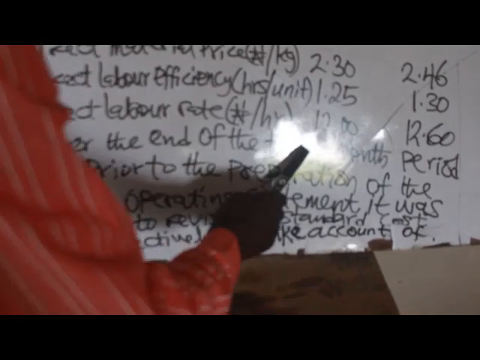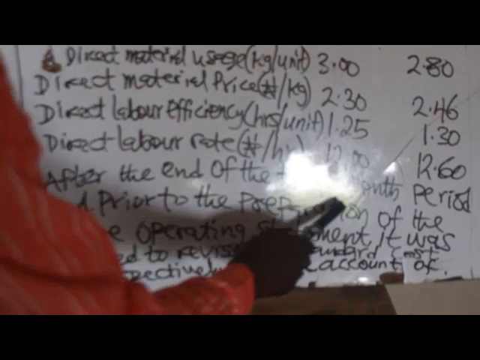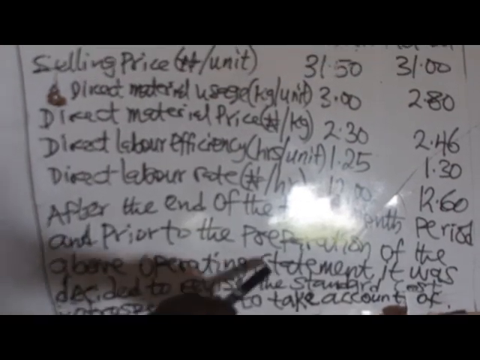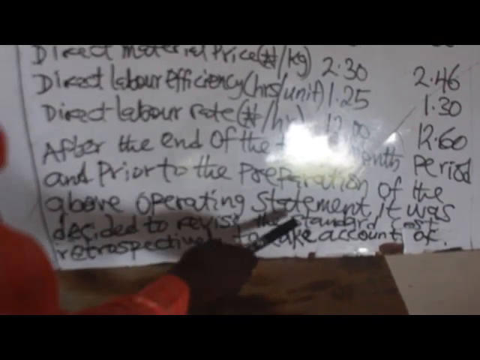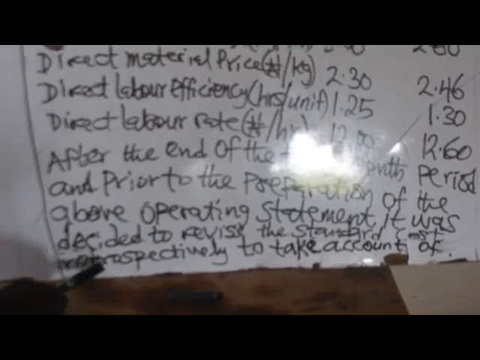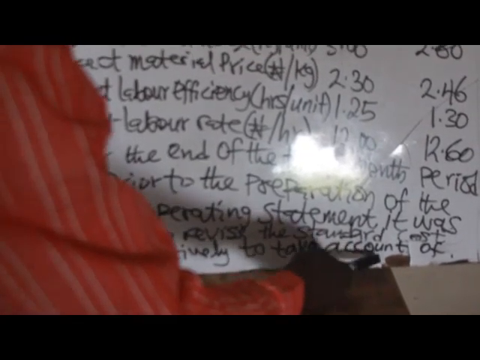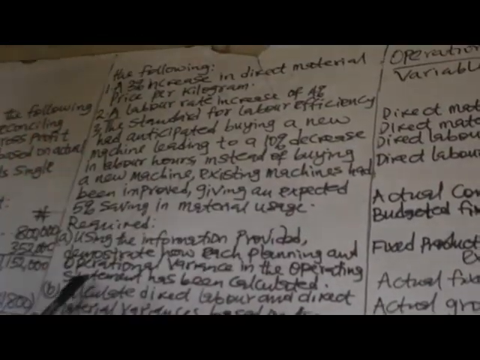After the end of the 3 months period and prior to the preparation of the above operating statement, it was decided to revise the standard cost retrospectively to take account of the following.